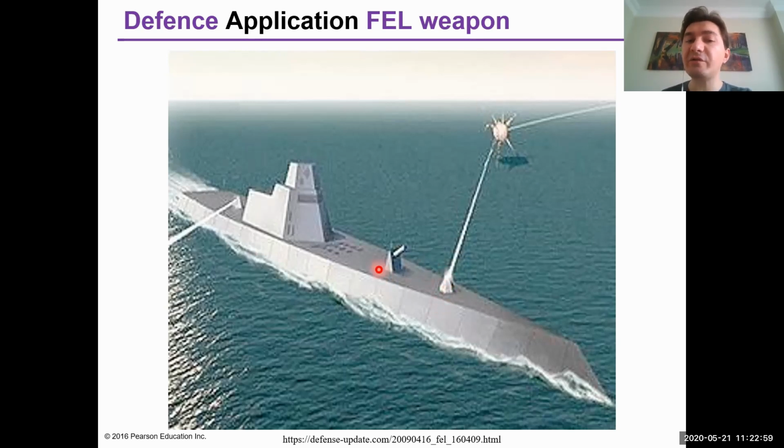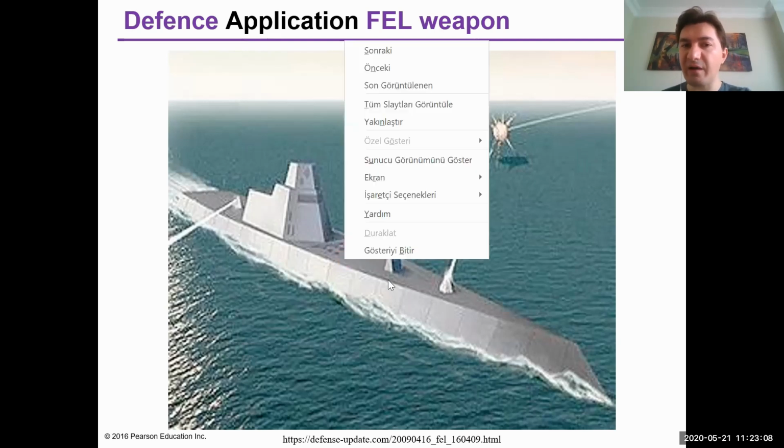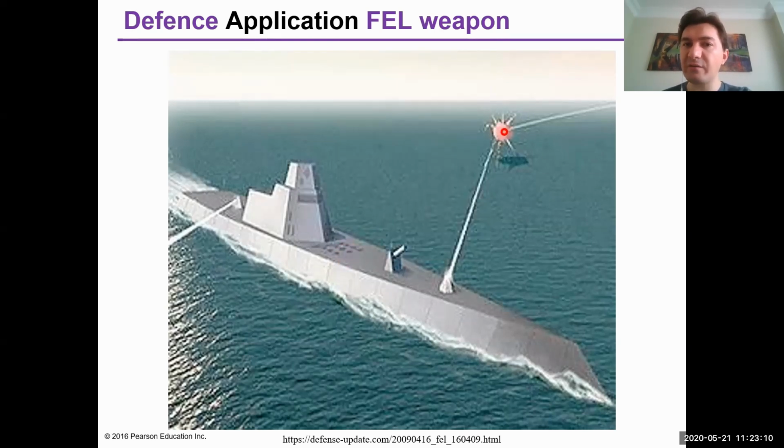You can also do it with conventional missiles. Let's say here there is an enemy, and you use, for example, a Tomahawk missile, and you can kill it with the Tomahawk missile. But what about the price of the Tomahawk missile? It is around $1 million to explode the aircraft or ship.